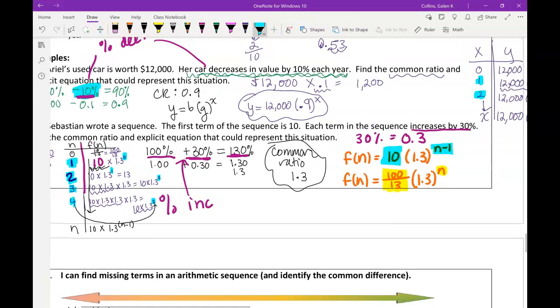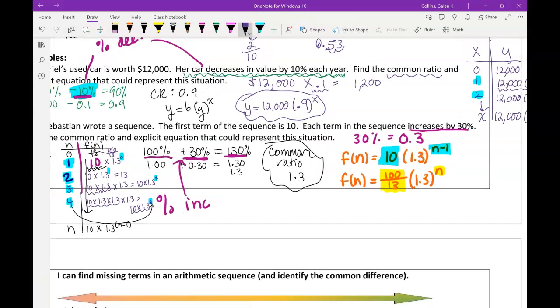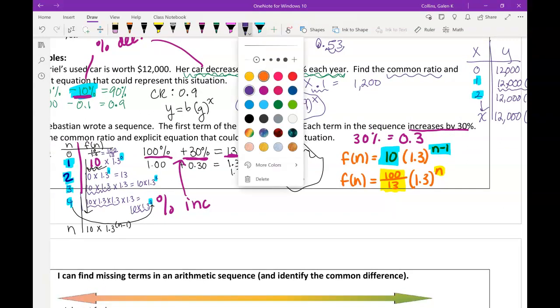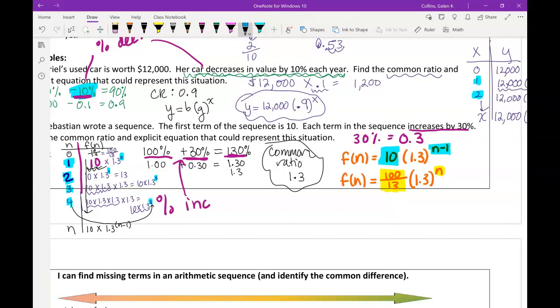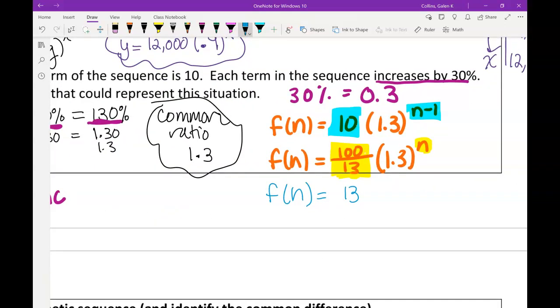And just to drive this point home for anyone watching this video, let's pretend that I started my equation when n is 2. Let's say I used this value, the 13, in my table. I could write an explicit equation where my starting value is the value of f when n is 2.